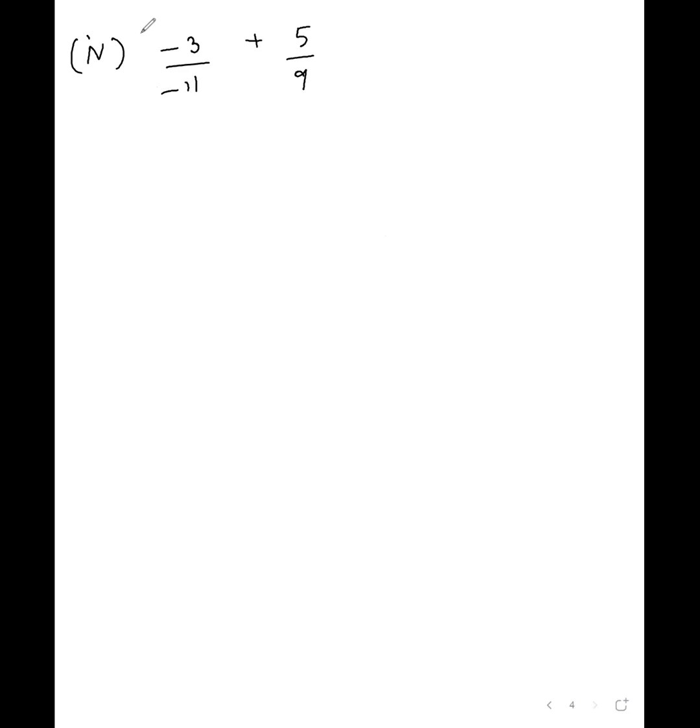We can make it positive. It will get cancelled. Yeah, so it will be positive. So now what we have is 3 by 11 plus 5 by 9. Now you go ahead and find the LCM.